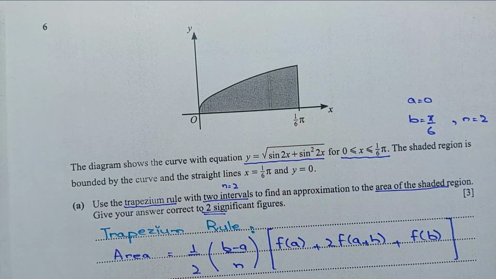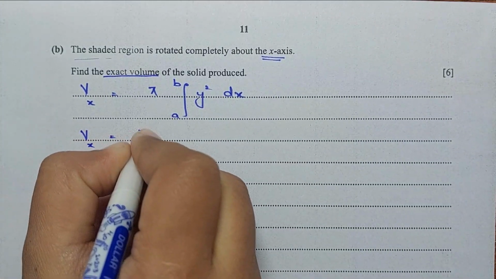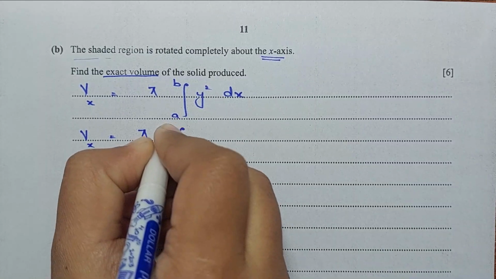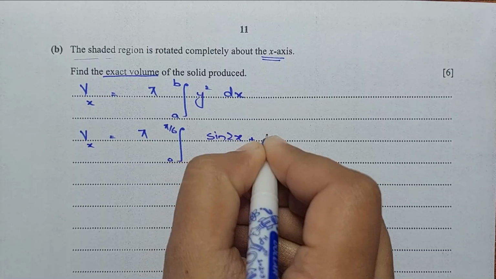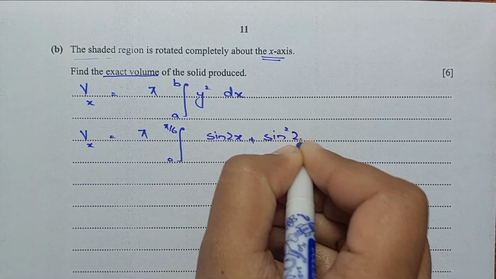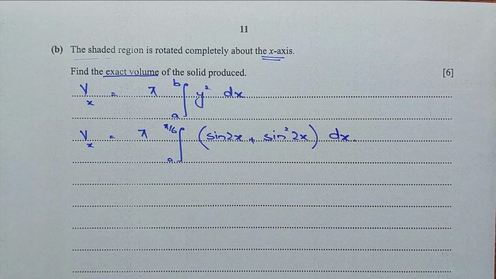The limits a and b are from 0 to pi by 6. So V is pi integration from 0 to pi by 6 of sine 2x plus sine square 2x dx.